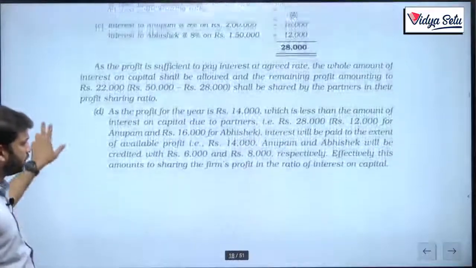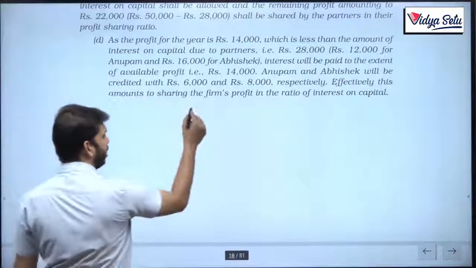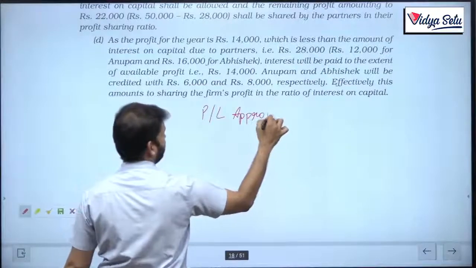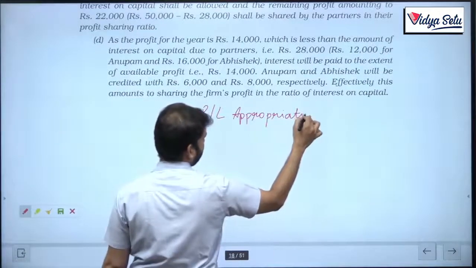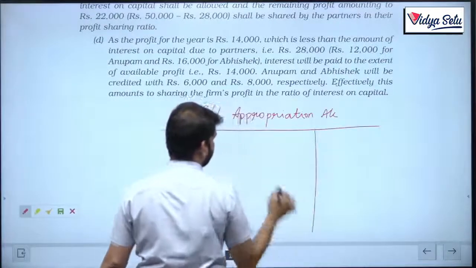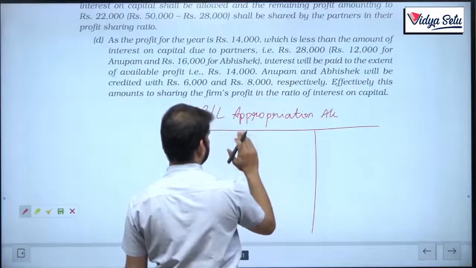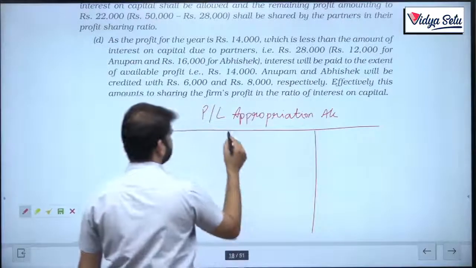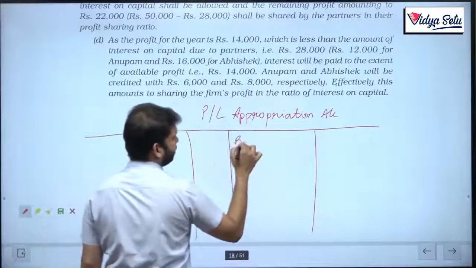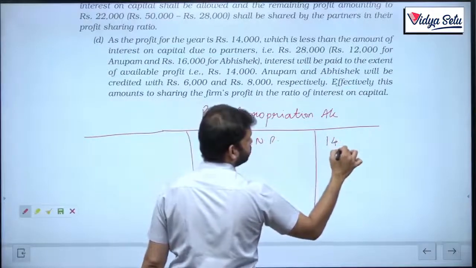Now, this might be confusing, so I am solving this here. Again, I am making a P&L appropriation account. We know that the net profit was 14,000 only.